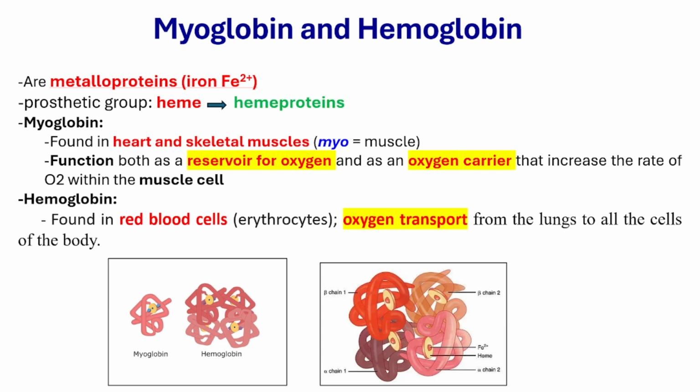So, as you can see here, myoglobin has a monomeric structure. However, hemoglobin, what kind of structure does hemoglobin have? You remember Monday we spoke about protein structure, right?